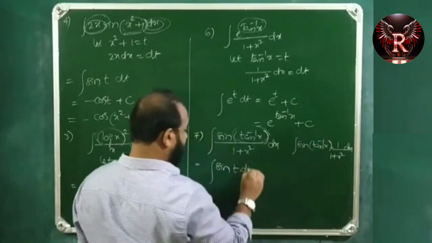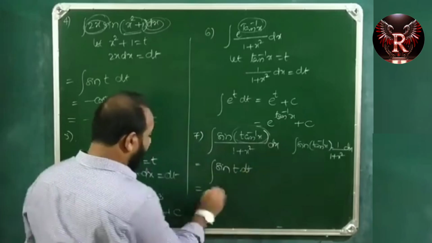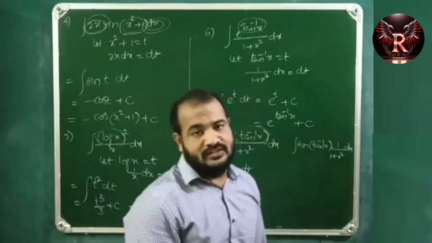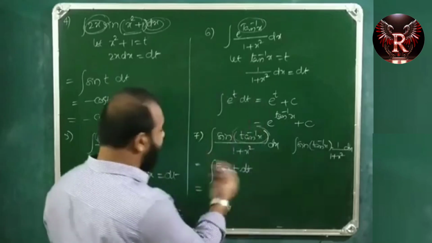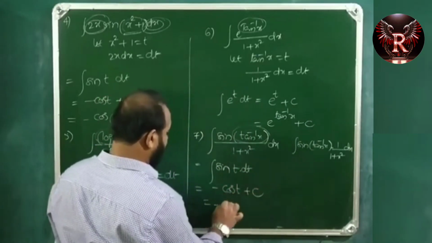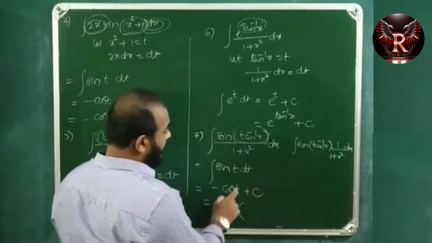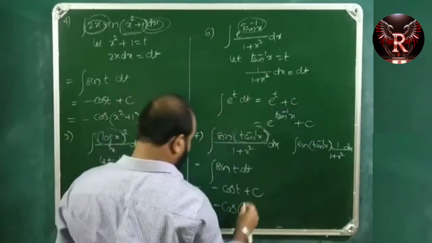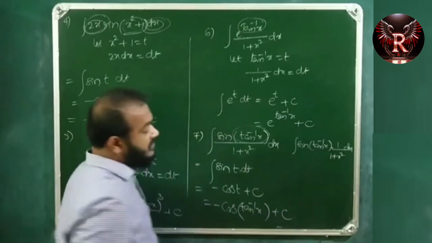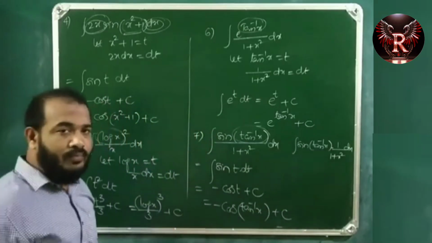This is dt. So we know what is integral sin x dx. Integral sin x dx is minus cos x. Therefore what is integral sin t dt? Minus cos t plus c. So minus cos t is to be replaced with tan inverse x to get the final answer. So this is how we will solve the problem.